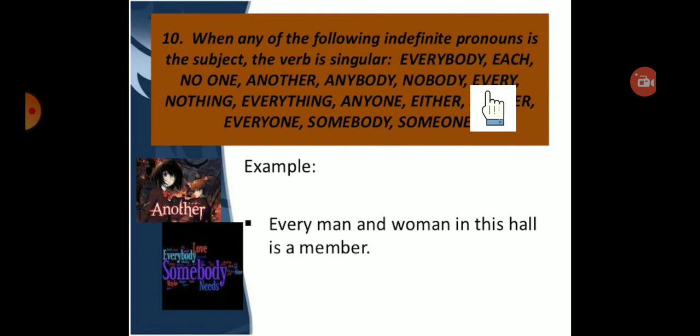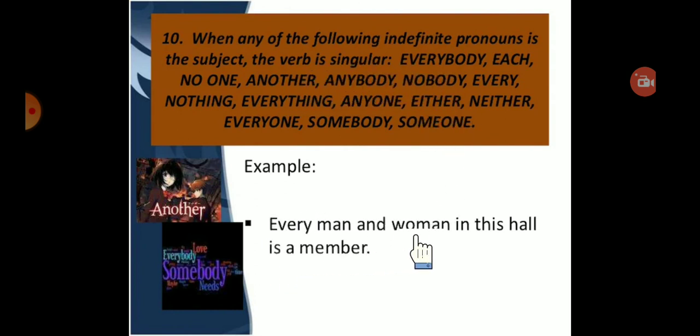Here they have given indefinite pronouns like everybody, each, no one, another, anybody, nobody, every, nothing, everything, anyone, other, neither, everyone, somebody, someone. So they are all called indefinite pronouns. If they play the role of the subject in a subject and verb agreement sentence, then the verb always comes singular.